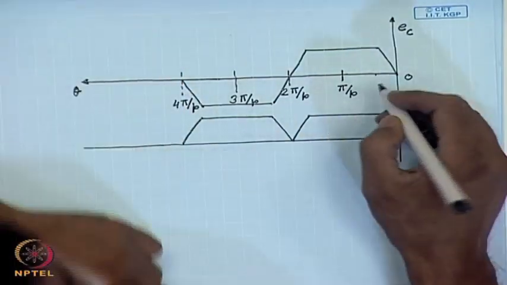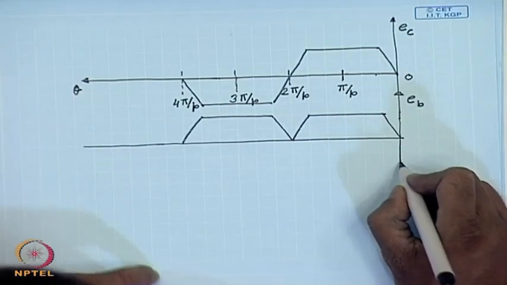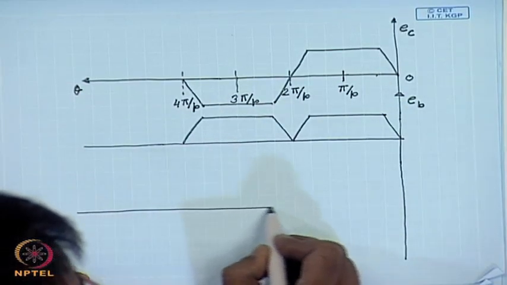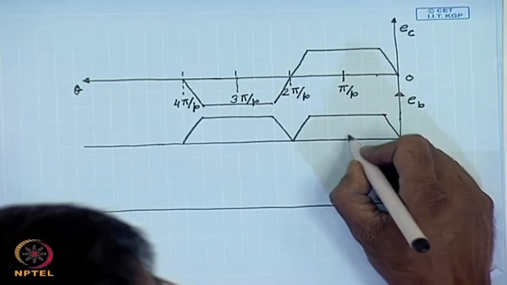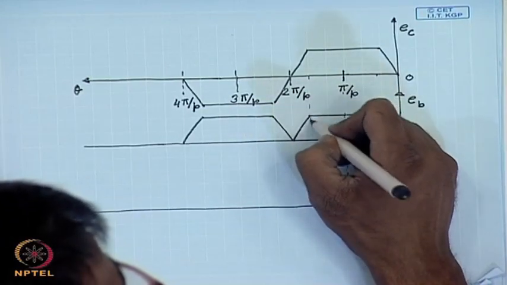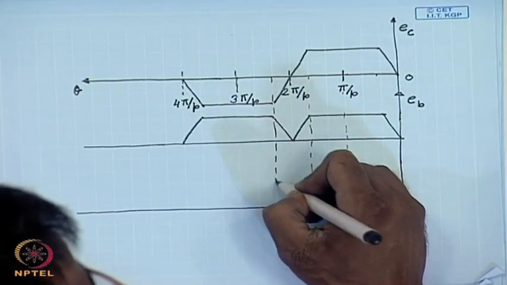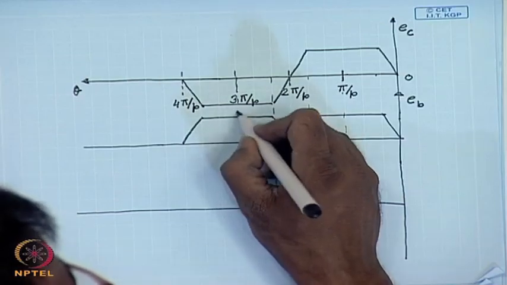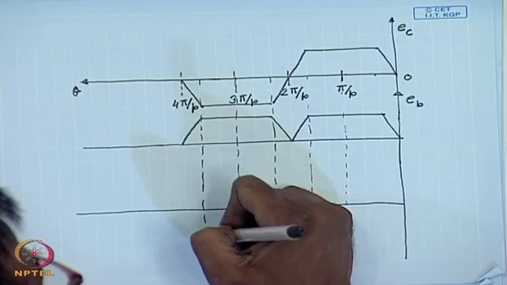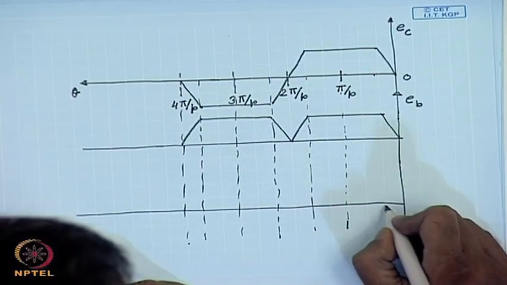For example, if we look at the armature surface, this contains slots.